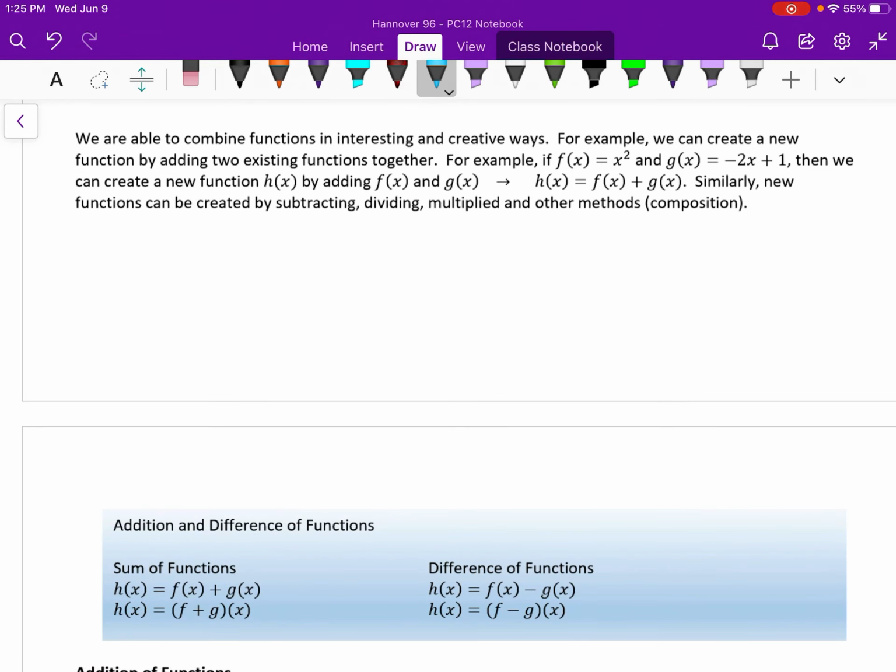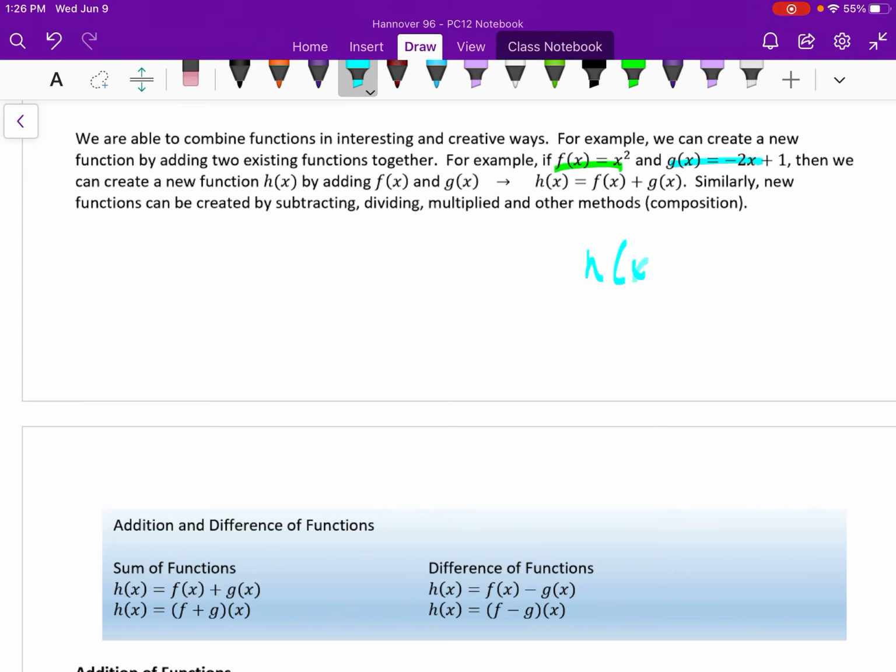So we're able to combine functions in interesting and creative ways. For example, we can create a new function by adding two existing functions. If you graph f of x equal to x squared and g of x equal to negative 2x plus 1, then you could create a new function h of x simply by adding f of x and g of x.